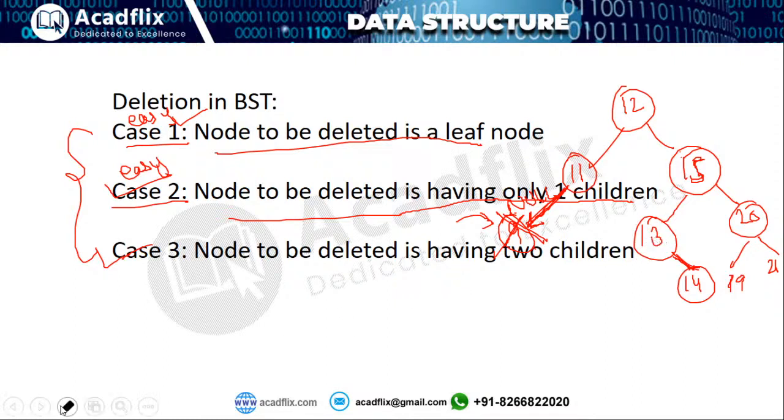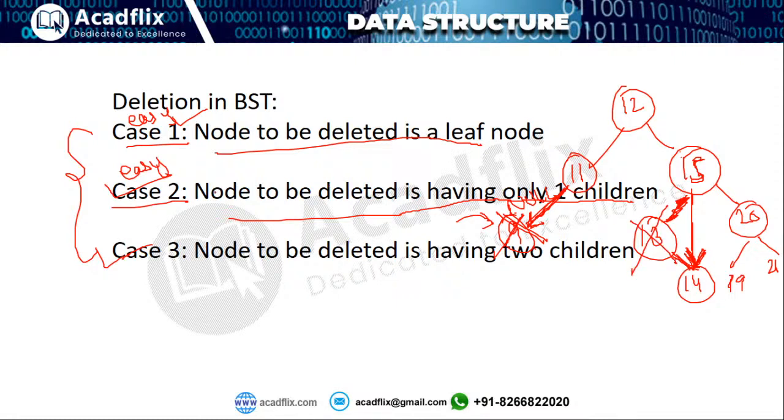Fine. So whenever I was deleting the leaf node, I was making its parent pointer point to null. But whenever I am deleting a node with only 1 child, I'll make its parent pointer point to the child. So this particular pointer is removed now, and its parent pointer will now point to its child. Now because we have taken care of 13's only child, we can go ahead and delete this node.